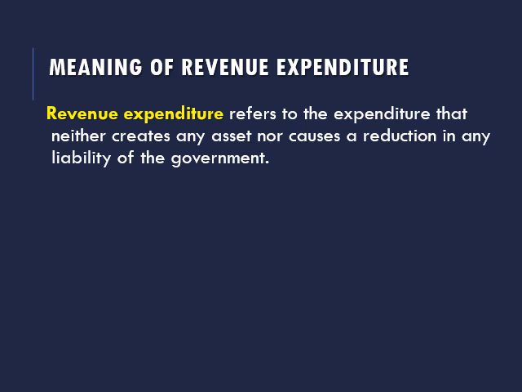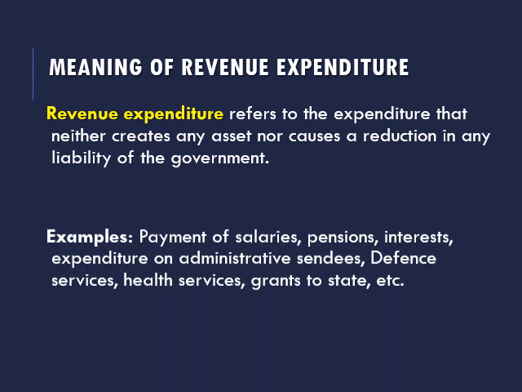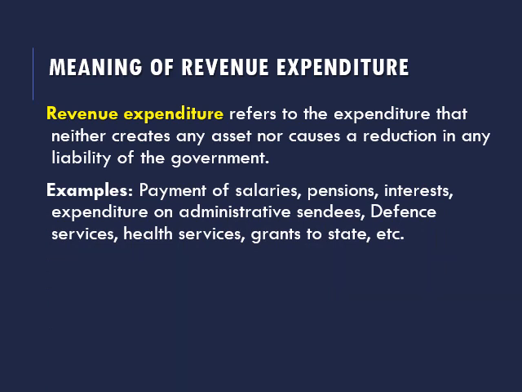So, neither create any assets nor cause a reduction in any liability of the government. For example, payment of salaries, pension, interest, expenditures on administrative services, defense services, health services, grants to states, they will be considered as revenue expenditure.